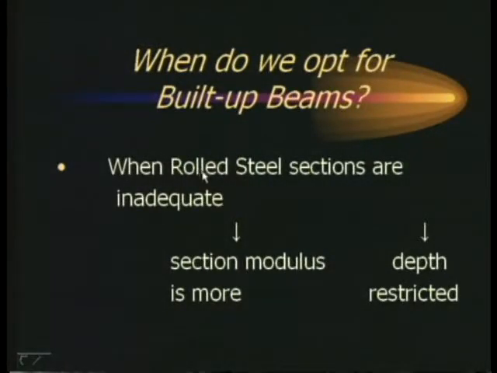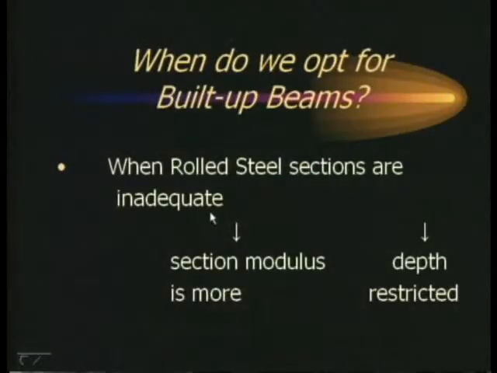Whereas in case of simple beams, you cannot increase the depth infinitely because rolled steel sections are prefabricated. So when rolled steel sections are inadequate, in the sense section modulus is more or the depth is restricted, then we opt for built-up beams.